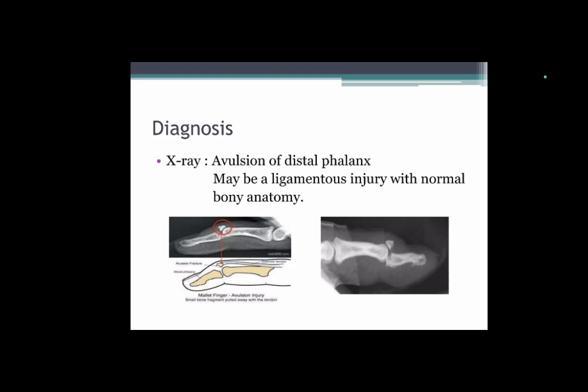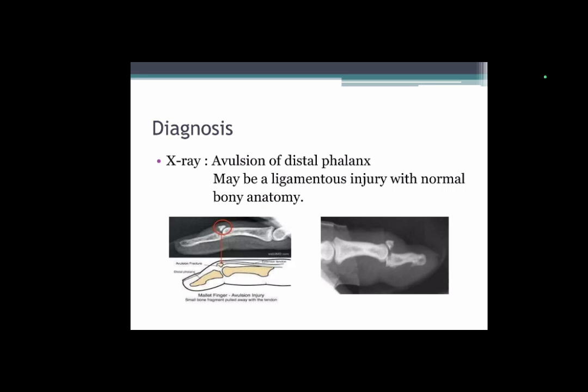The diagnosis of mallet finger is primarily based on the clinical examination. A history of trauma to the fingertip, along with the inability to actively extend the distal interphalangeal joint, strongly suggests the condition. On examination, the fingertip is typically held in a flexed position, with tenderness and swelling around the distal interphalangeal joint.